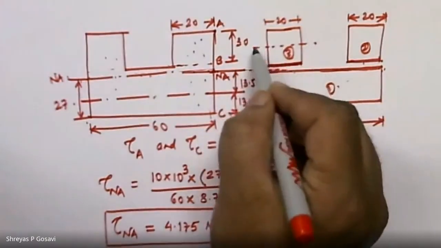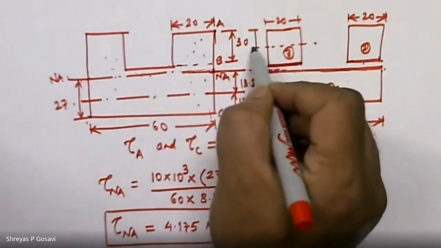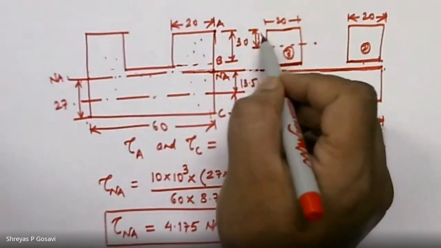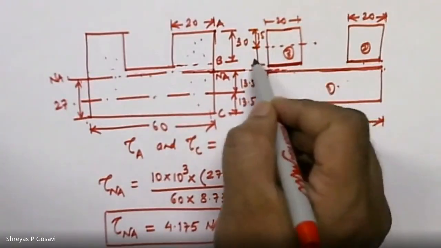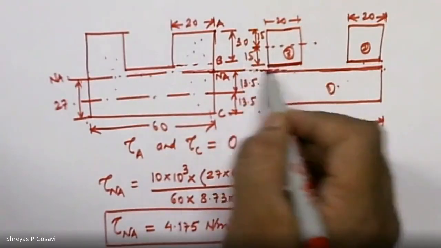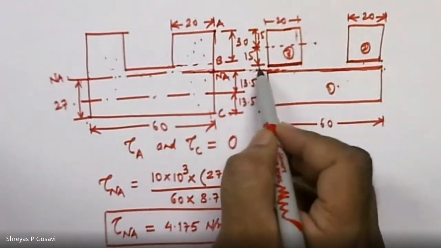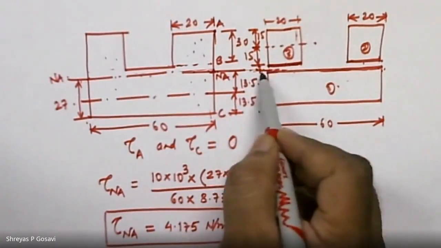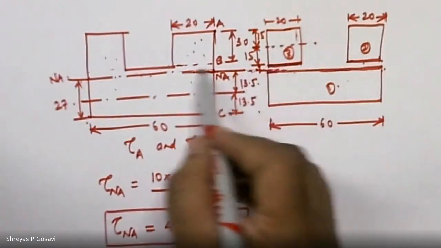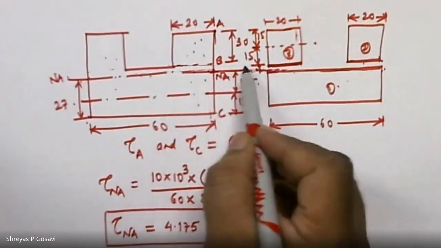This is located at 15 millimeters from the top as well as 15 millimeters from the base of this cross section, and the distance between the neutral axis and its base is 3 millimeters.